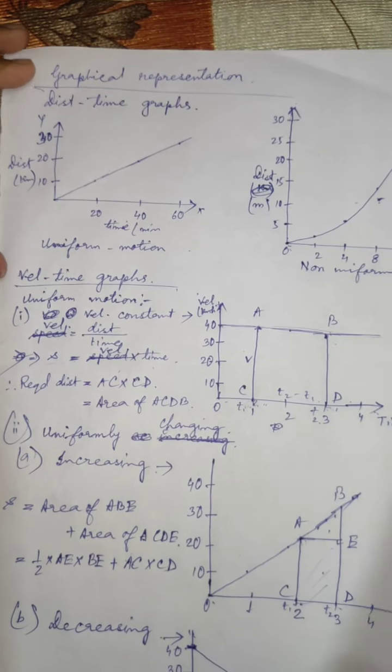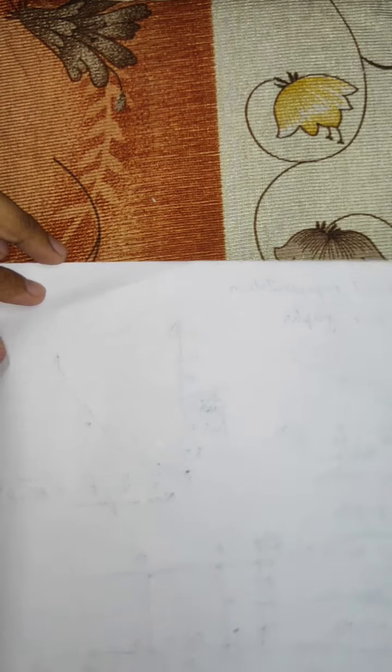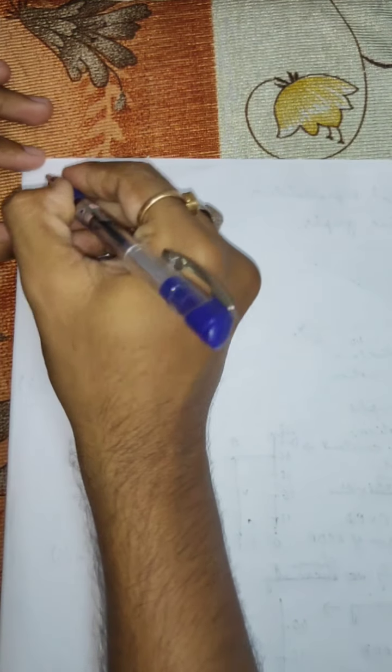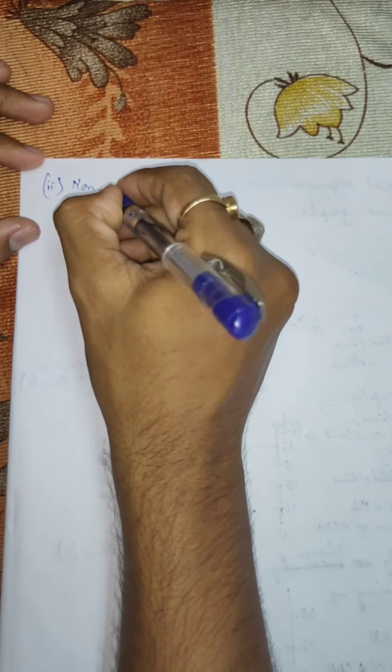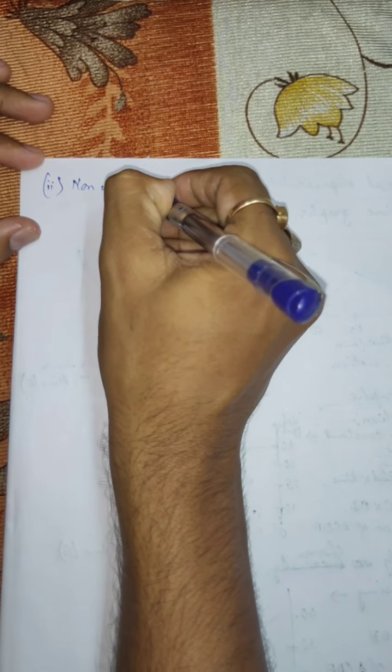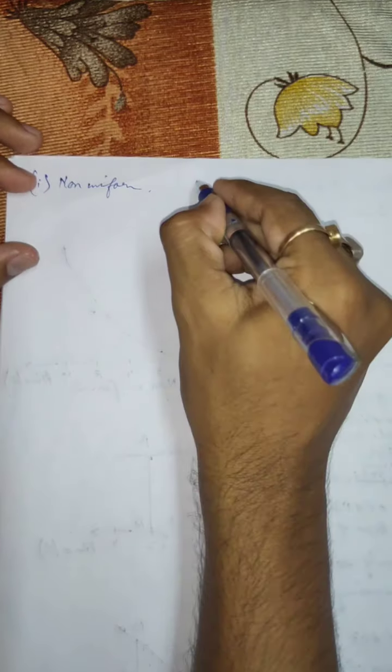Next, non-uniform motion. What will be the graph for non-uniform motion? It will be like this simply.